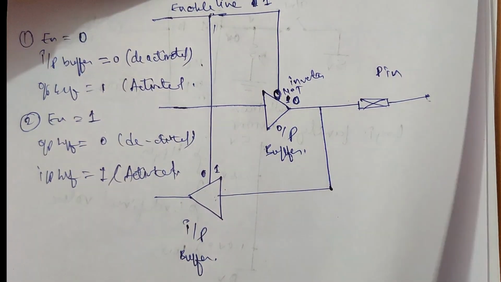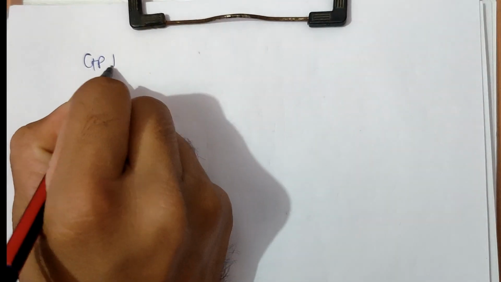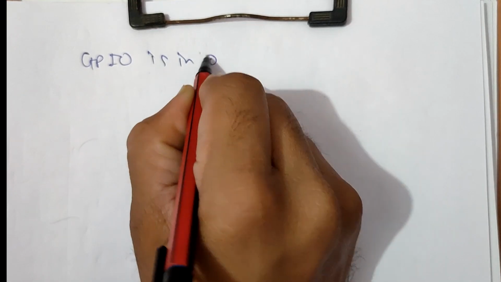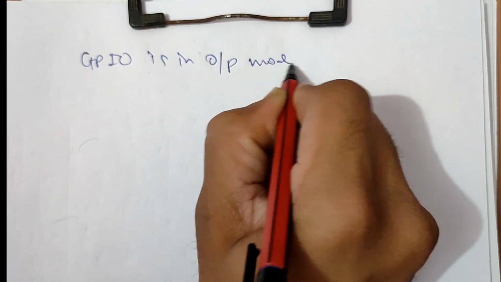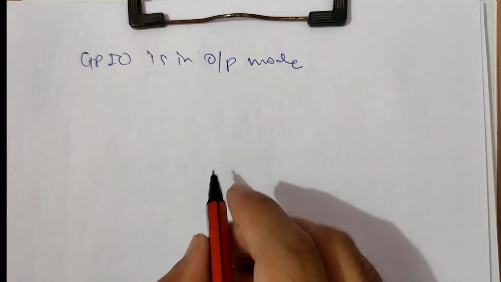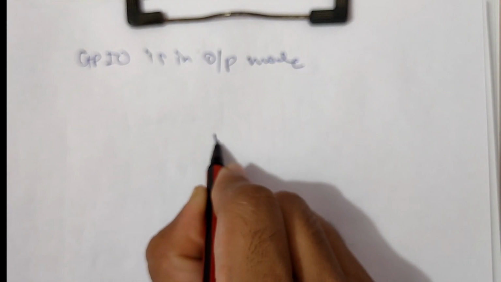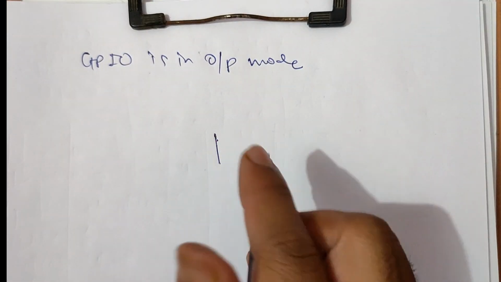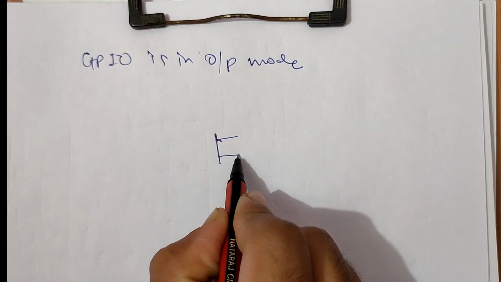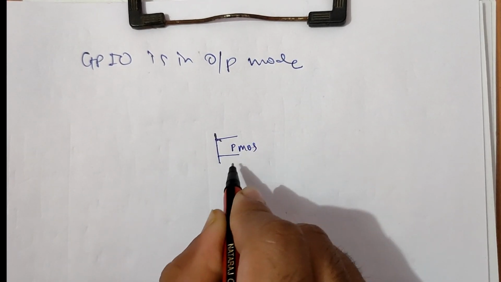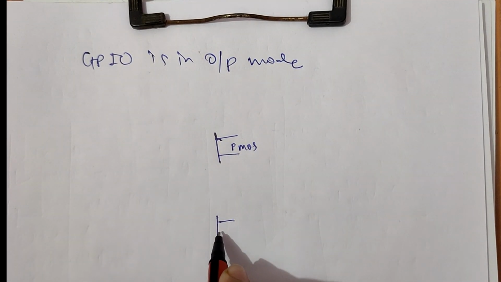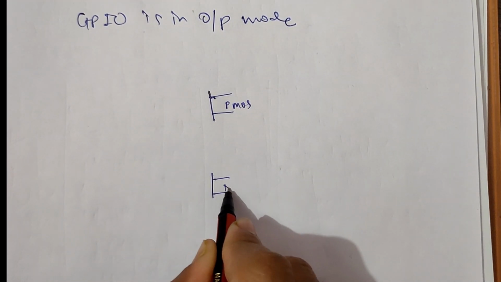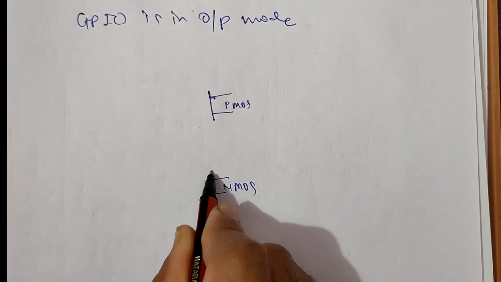We go to the next method. I am taking GPIO in output mode. So I'm drawing a buffer diagram. In the buffer we have one P MOSFET here and one N MOSFET here.